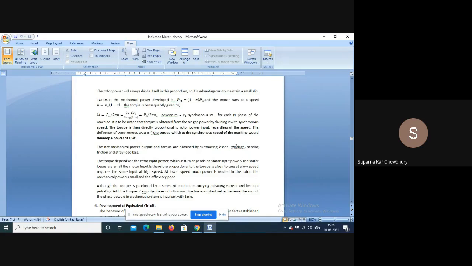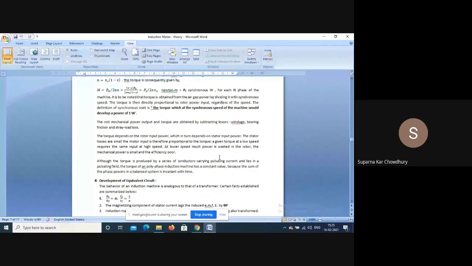Sorry. Okay, so now windage loss is due to the motion of the rotor. When the rotor is rotating, the surrounding wind will try to oppose the motion, so that creates the windage loss.